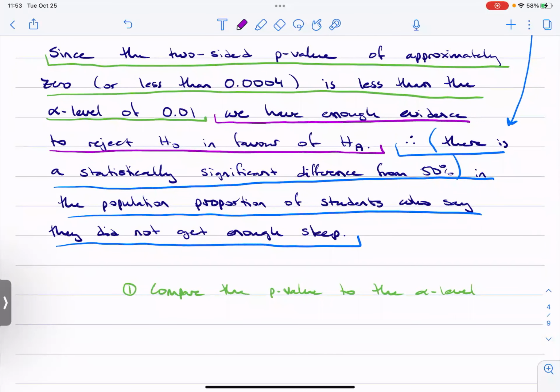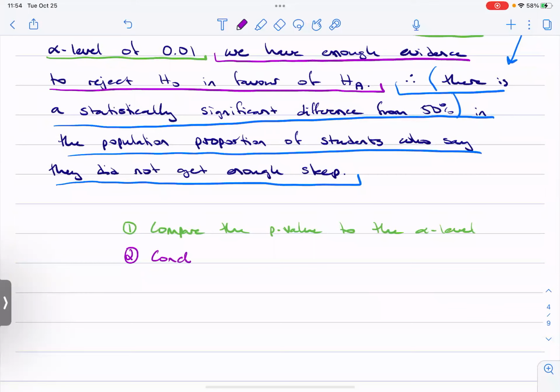Second thing is your conclusion in terms of H naught. We did all our testing assuming the null hypothesis is true, and so our conclusion has to be in terms of H naught. And then finally, the conclusion in terms of the question.